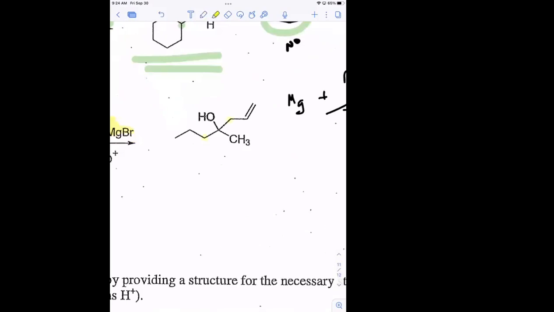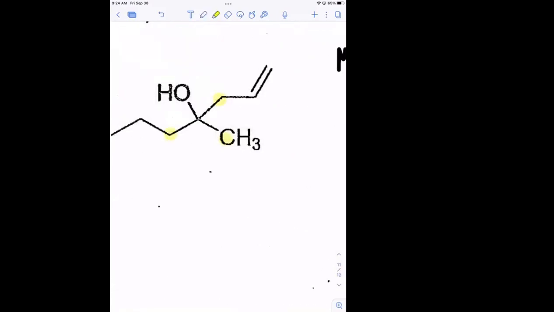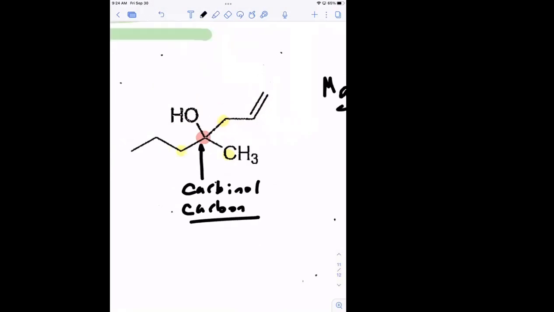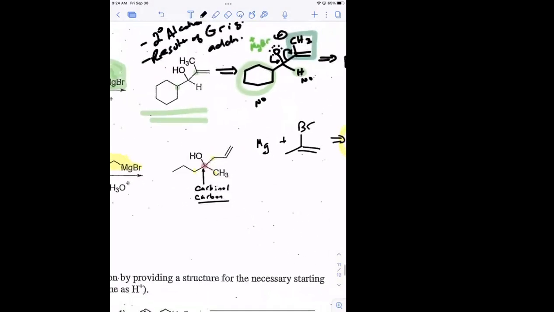You got 3 carbons attached to that central carbon, which we call the carbonyl carbon. It's not primary for sure. Is it secondary or tertiary? It's tertiary.